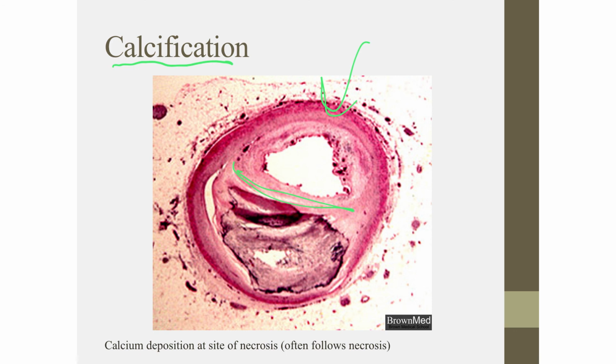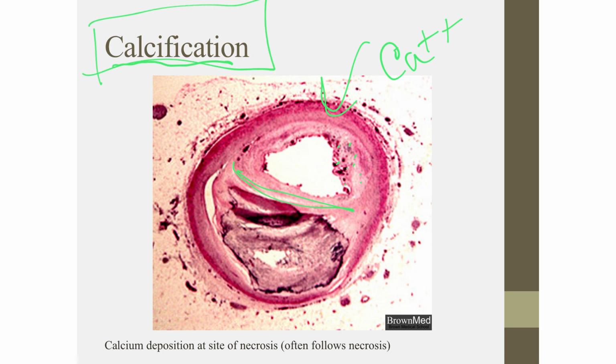When there is prolonged damage to a tissue and there are high amounts of calcium in the fluid around it, when a cell becomes damaged, the calcium can precipitate in those tissues, and calcium forms crystals. So we get, after long term, the deposition of calcium crystals, and we call that calcification.